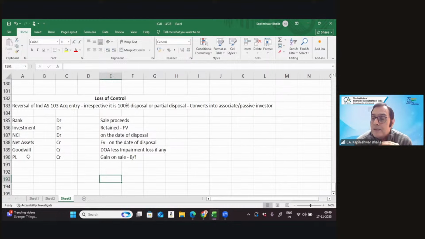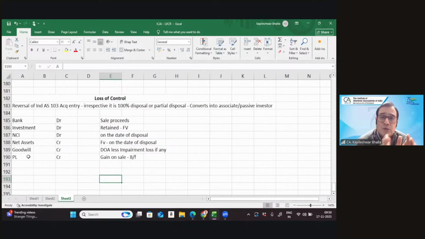There is another input which you need to keep in mind on the loss of control as well. Let me put a point blank question to you. Are you also going to make a scrutiny of any accumulated OCI which is accounted for in the books of accounts? Especially, for example, a switch over from control to an associate.